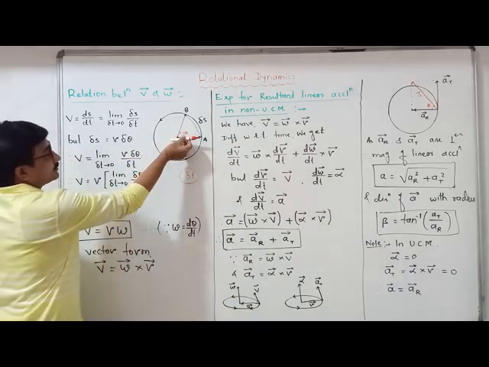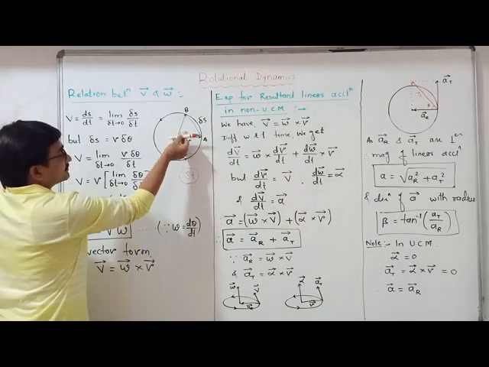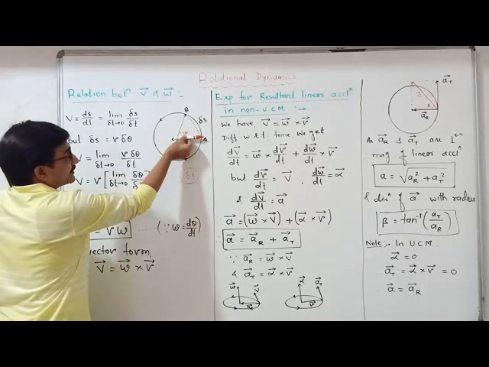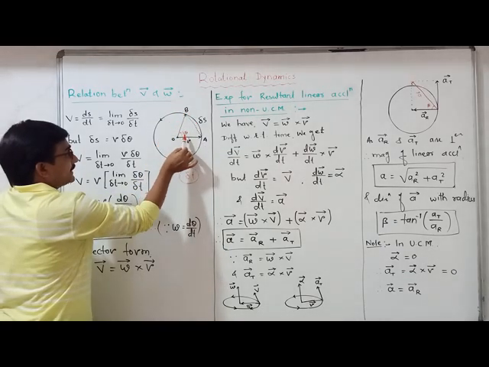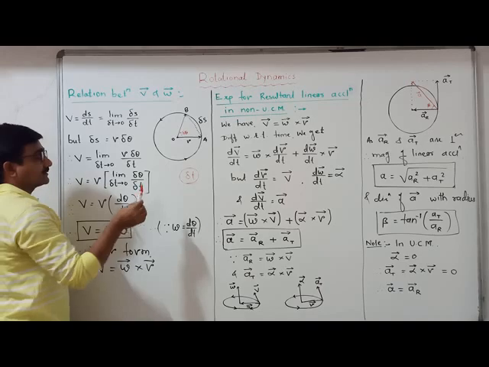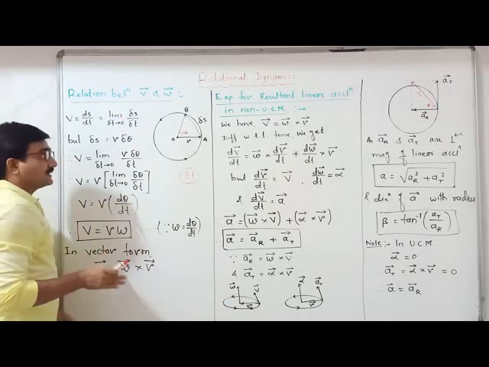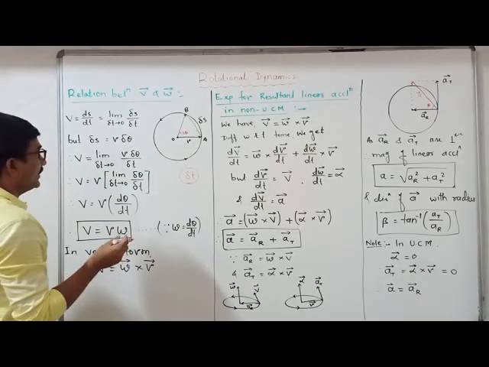During this time the radius vector rotates through the angle del theta at the center of the circle, meaning del theta is the angular displacement.